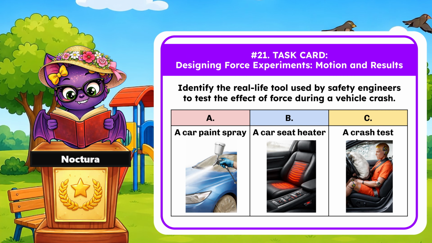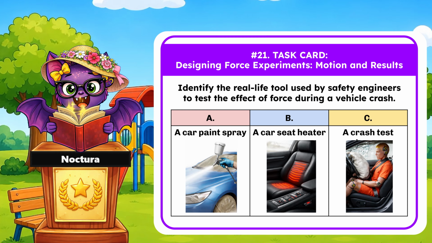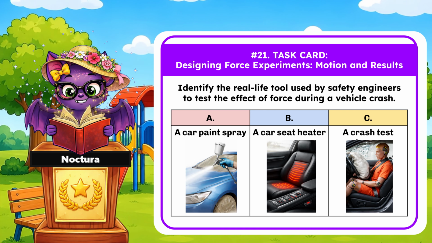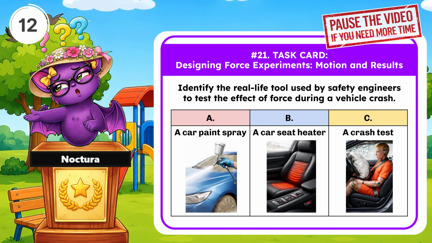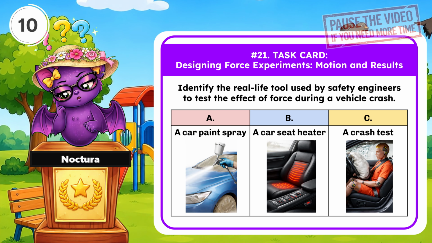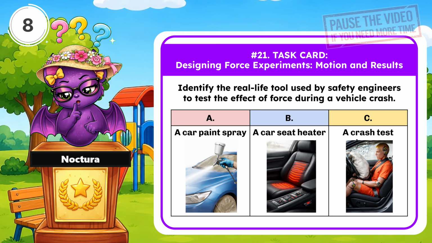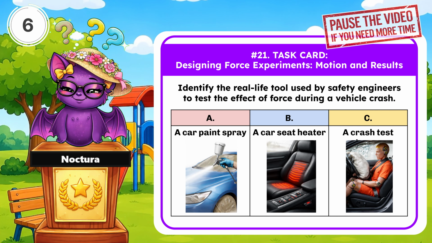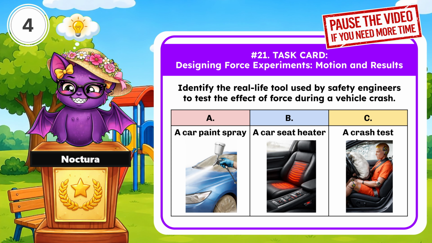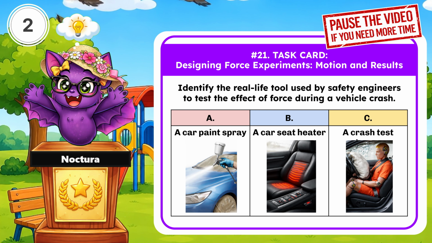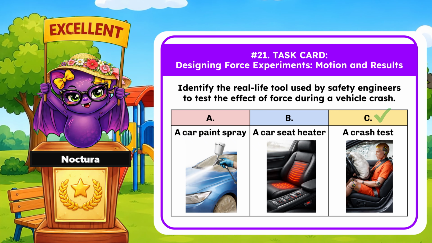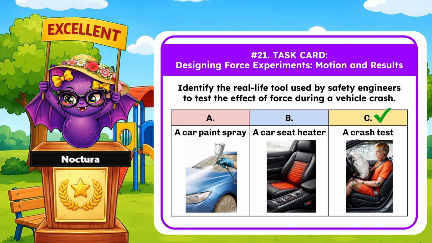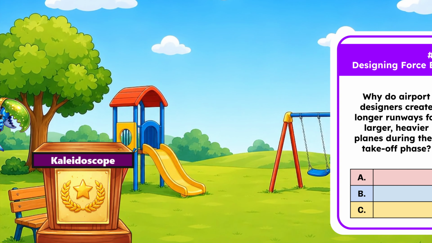Identify the real-life tool used by safety engineers to test the effective force during a vehicle crash. And the correct answer is letter C, a crash test.